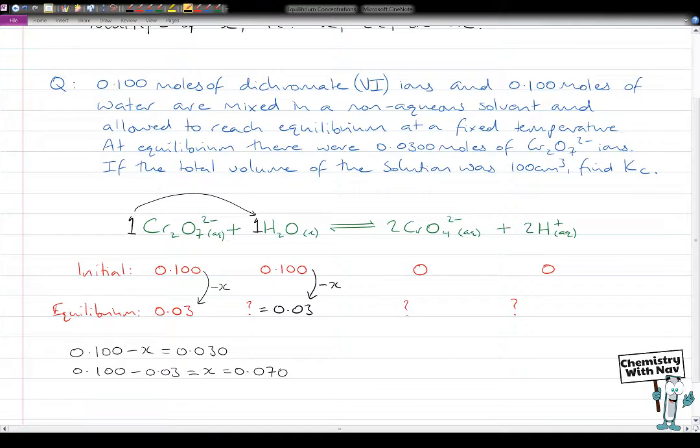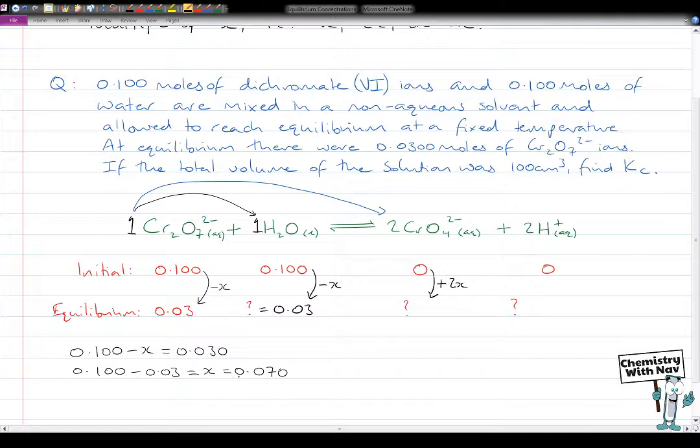But because there is a 1-to-2 relationship between the dichromate and each of the products, that means that for every 1 dichromate that I use, I produce 2 CrO4 minuses. That means that I'm going to increase by 2x.